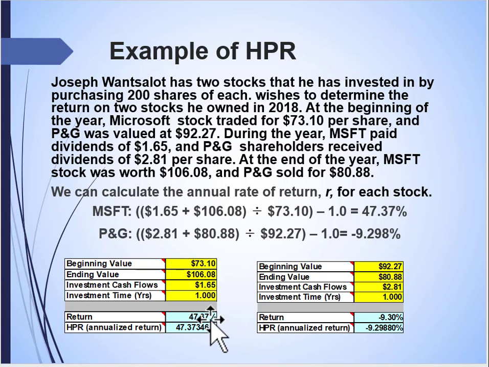Now, you'll notice here that the return and the holding period return, where it says annualized, they are the same because this is a 1-year investment. Now, obviously, if it takes longer to get to the same place, the average return per year is going to be less. So again, there'll be some problems we'll talk about a little bit later when we talk about what happens if you change the investment time.